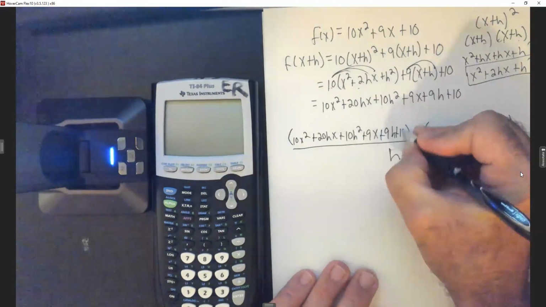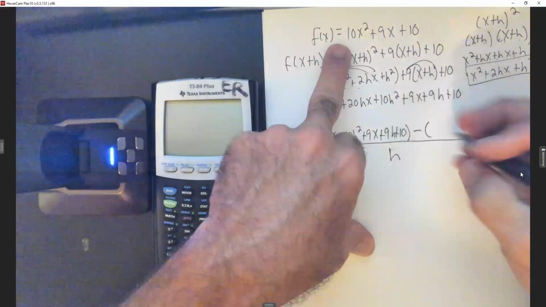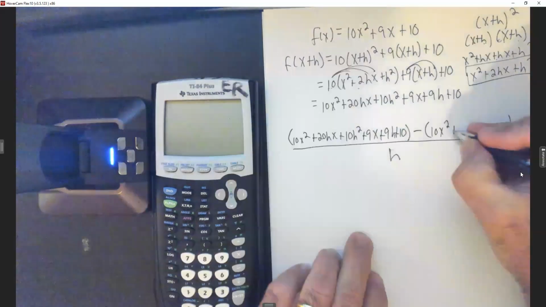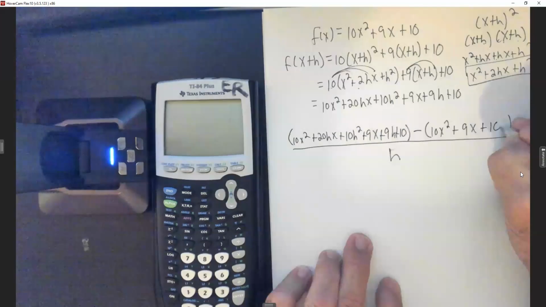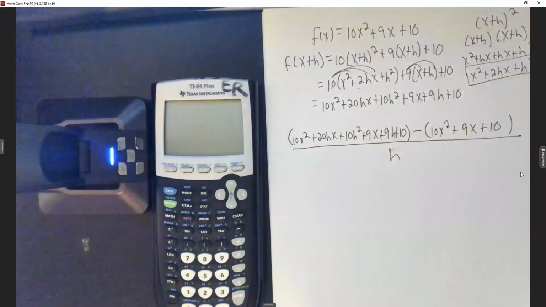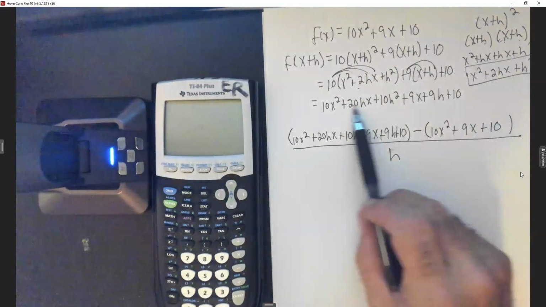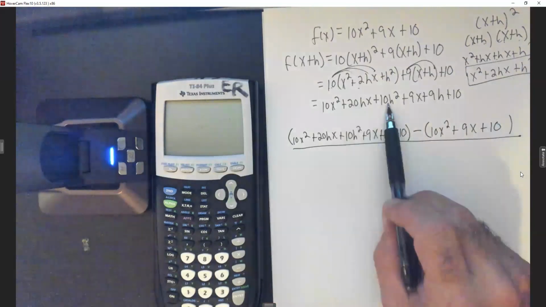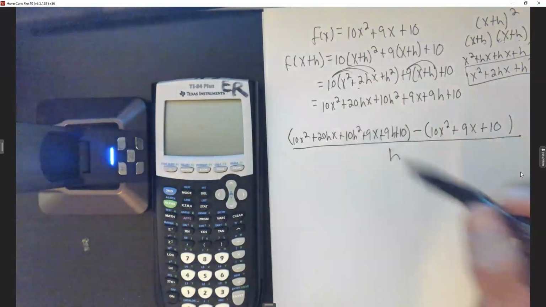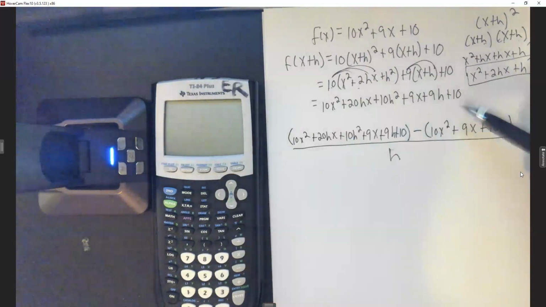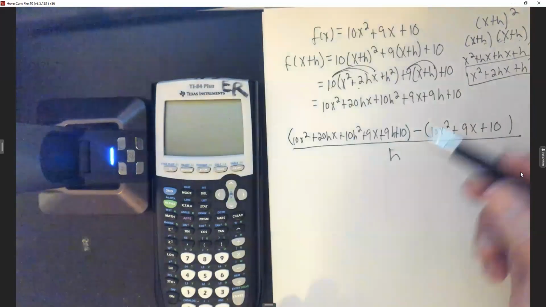F of x they gave us was a 10x squared plus a 9x plus 10. You'll get good at these once you figure out that all the stuff without the h's is canceling out. You can take this, cancel that stuff, and then divide by the h's and be done, okay?